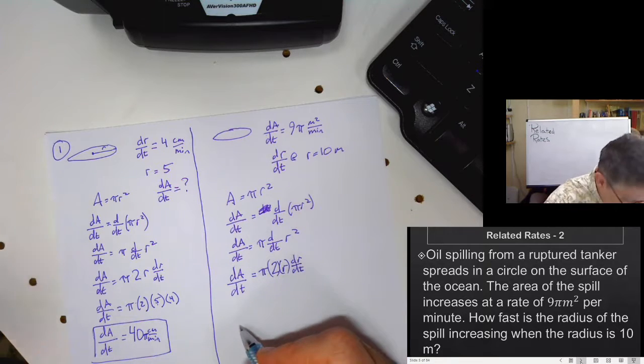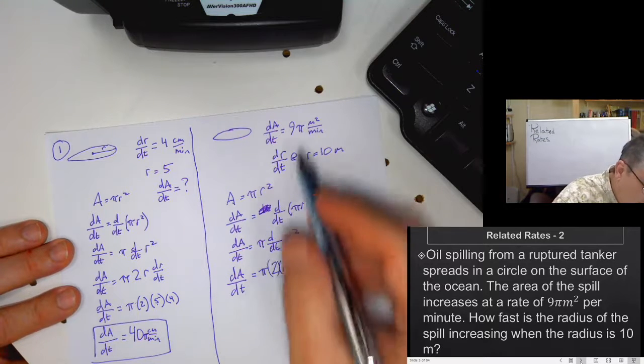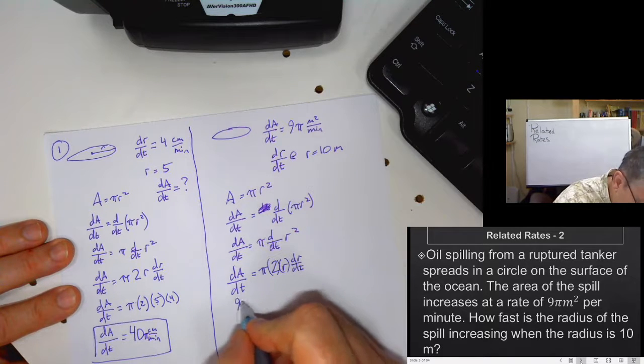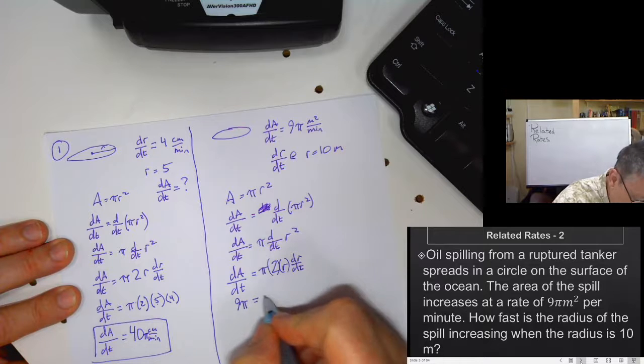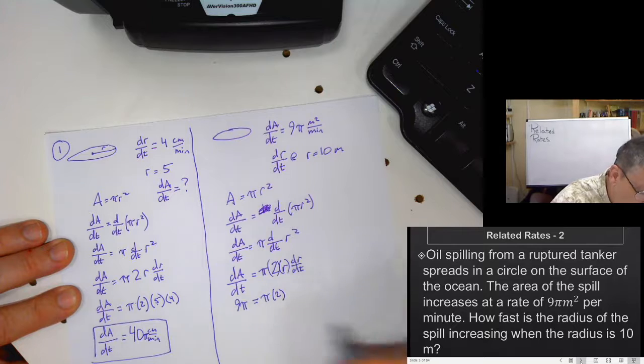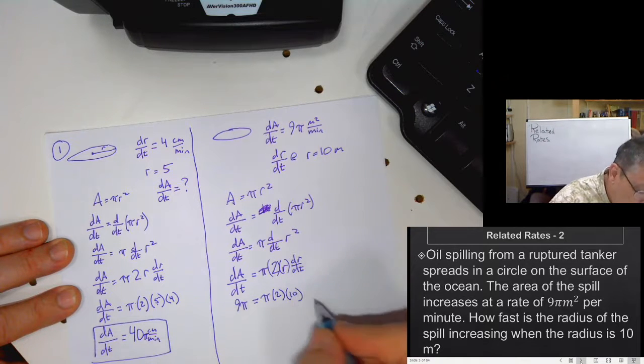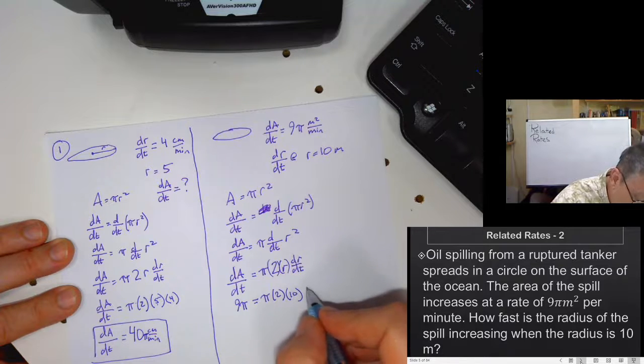Okay, so now we just have to put in our numbers. dA/dt, that's what we know. That's 9 pi equals pi times 2 times r. We're saying this is at r equals 10, right? And what is dr/dt? That's what we don't know.